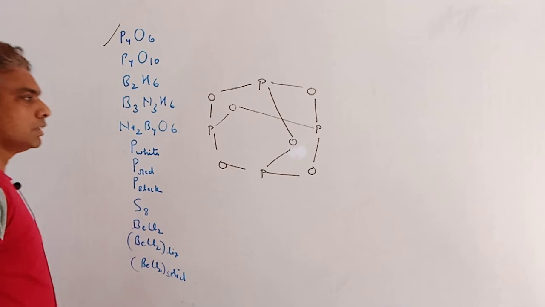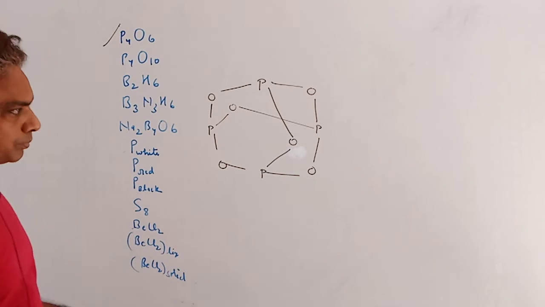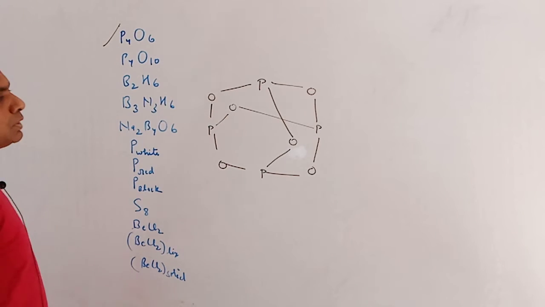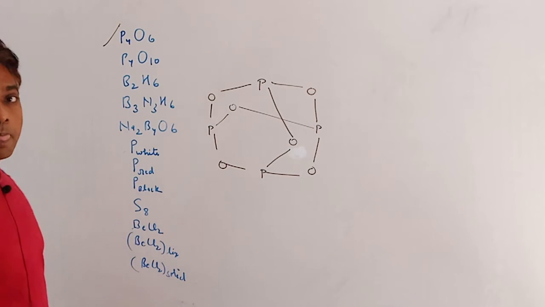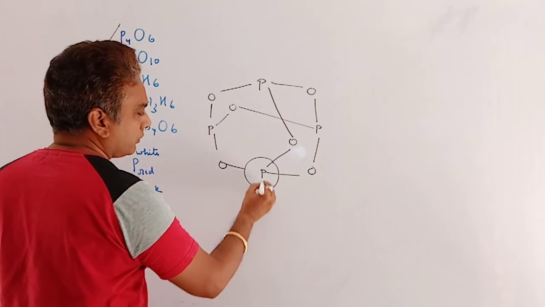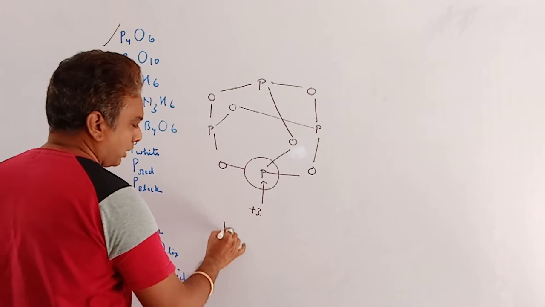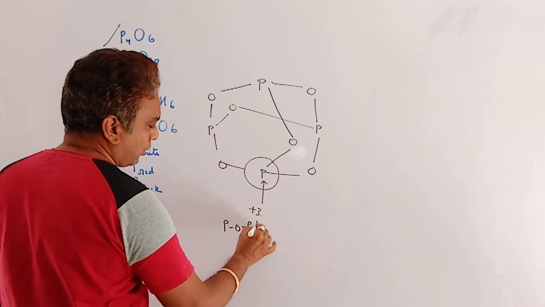So here is the dot structure of P4O6, a 3-dimensional ball-type structure, and the oxidation state of each phosphorus is +3.